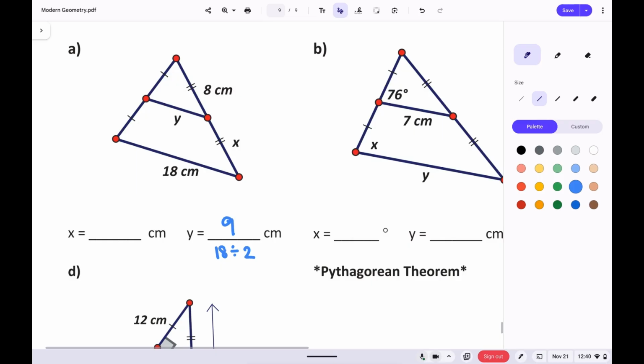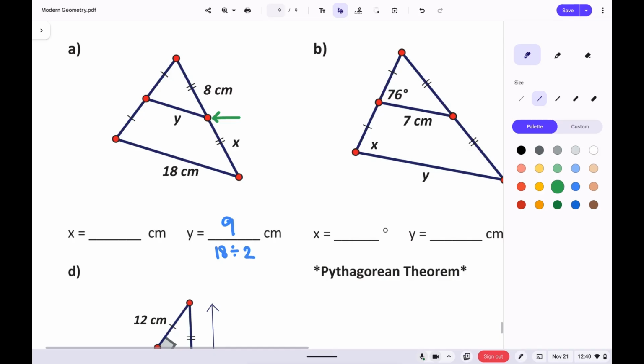Anyone see any information from the picture we could use to help us find X? Reese? Above the midpoint, it's 8 centimeters. Uh-huh. Splitting it in half. And how do we know the mid-segment is splitting it in half? Yeah. So she remembered what we talked about, like this point here would be a midpoint of that side.